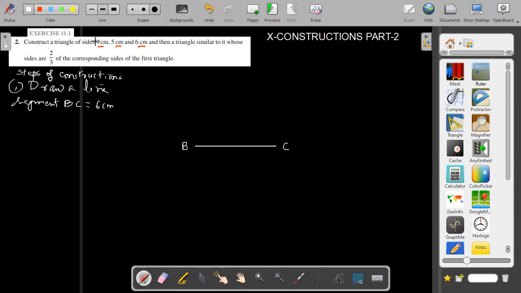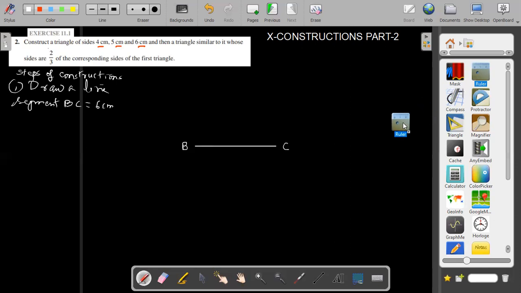Now you have one side 4 centimeters and another side 5 centimeters. Anywhere you can take the left side 5 or right side 5, it doesn't matter. So we are taking 5 on the left side and 4 centimeters on the right.